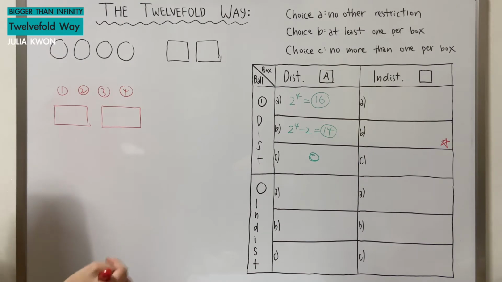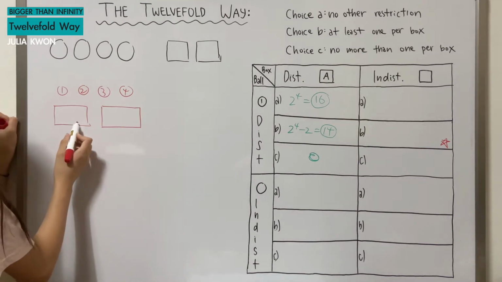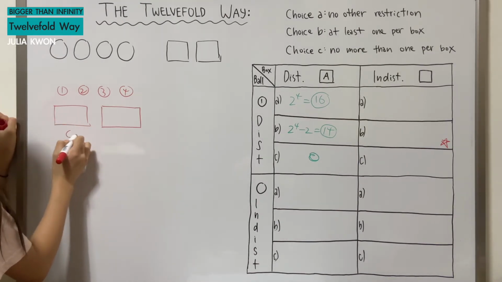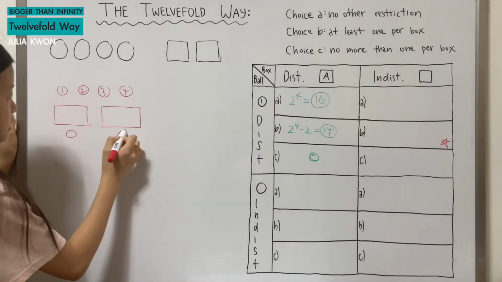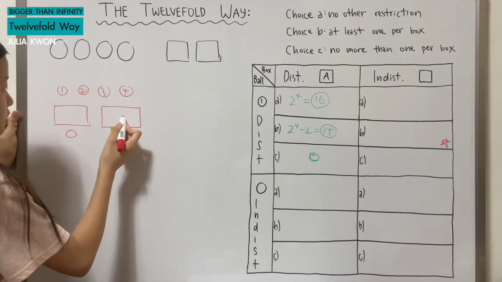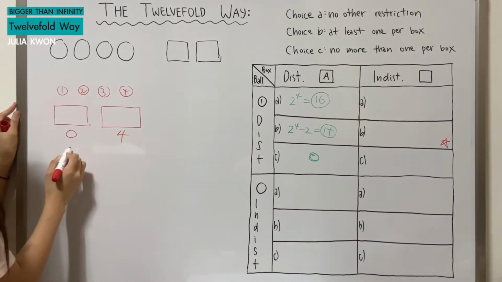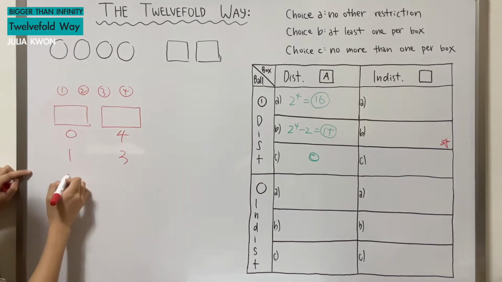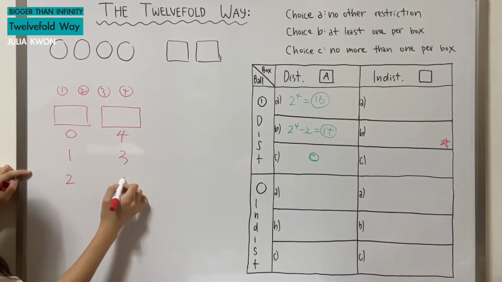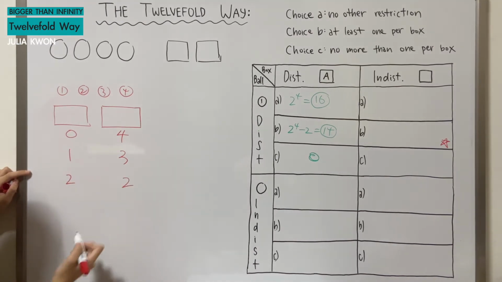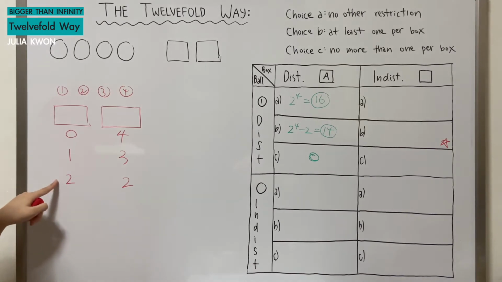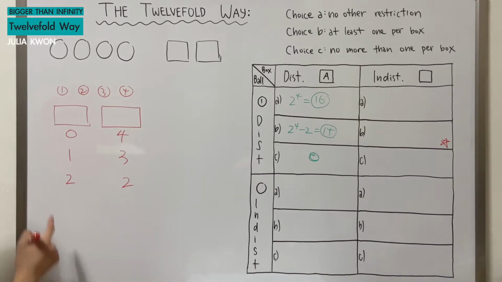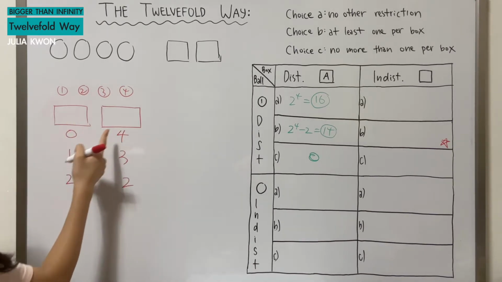We can think of it as 0 balls going into this box and 4 balls being in the other box. There's also 1 ball being in this box and 3 balls in the other, and 2 balls and 2 balls. These 3 would be the only ways there will be balls in these 2 boxes.